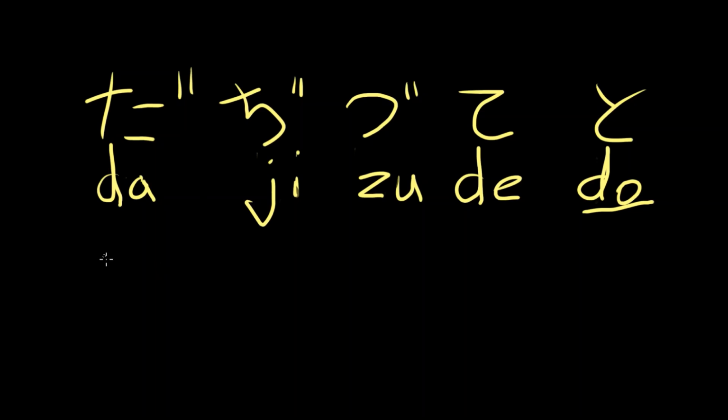Okay. Next row is the na row. Had a mind blank then. Apologies. Na. What does na look like? Yeah, that's it.